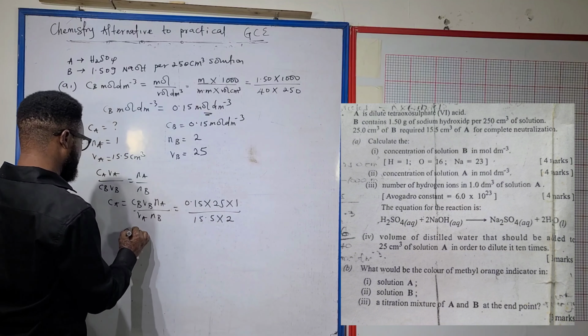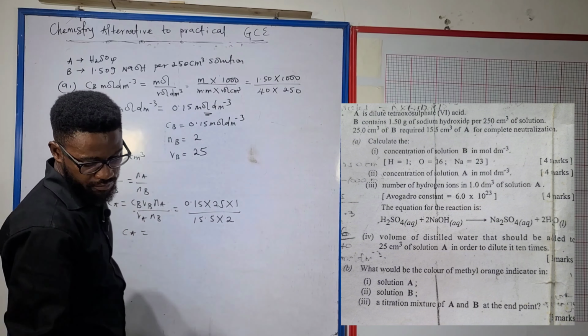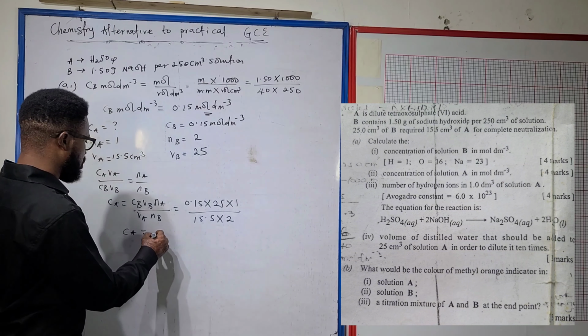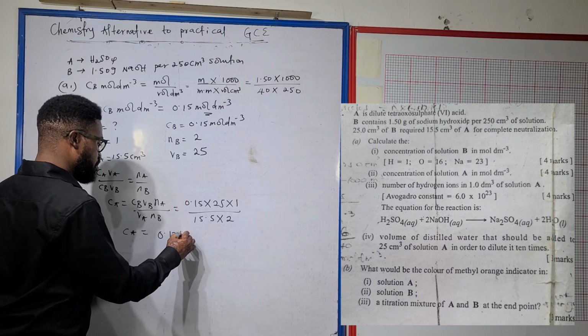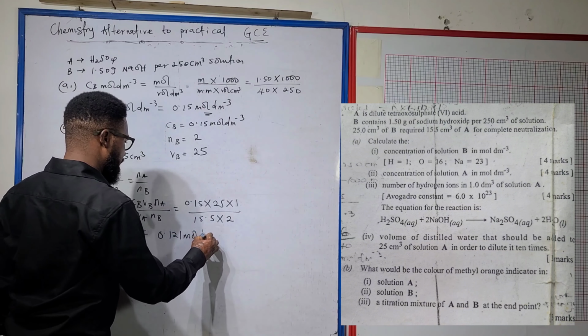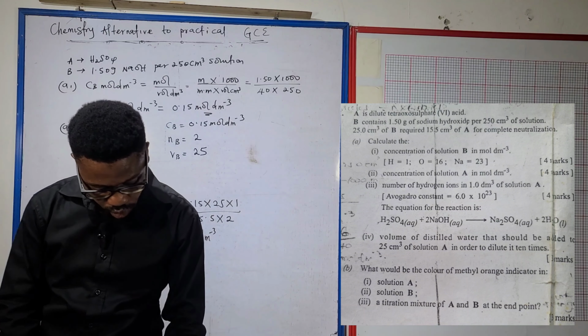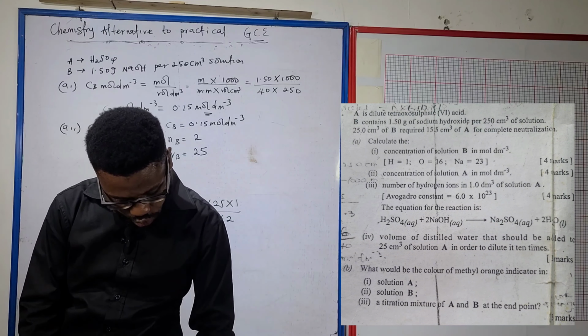If you compute this, my Ca, concentration of my acid, from your calculator, is 0.121 mole per dm cube. Okay, that ends question A2.